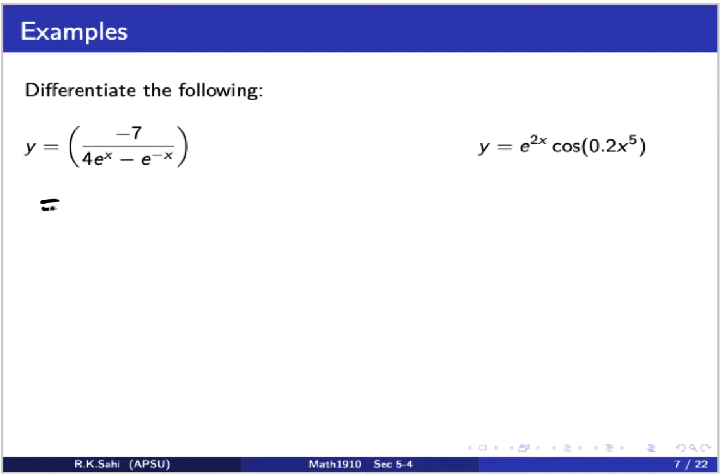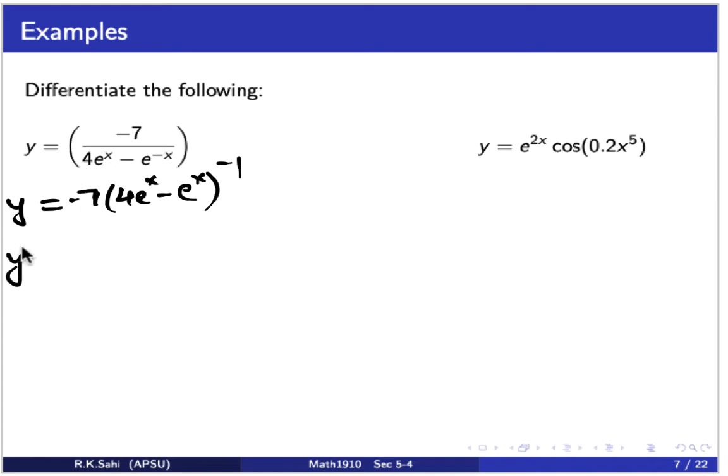So I can write this expression as negative 7, and the whole expression in the denominator taking to the top, and raise it to the power minus 1. So it's 4 times e to the power x minus e to the power negative x, to the power negative 1. Now, if you take the differential, much better than the quotient rule.